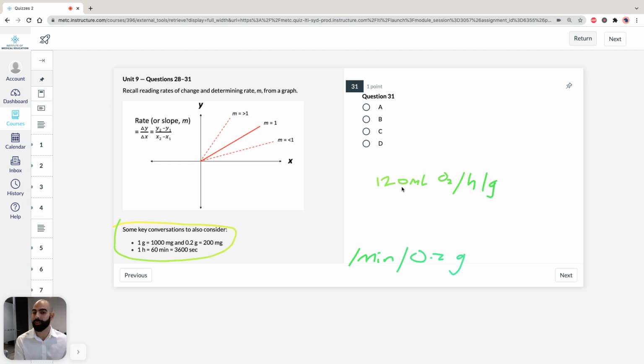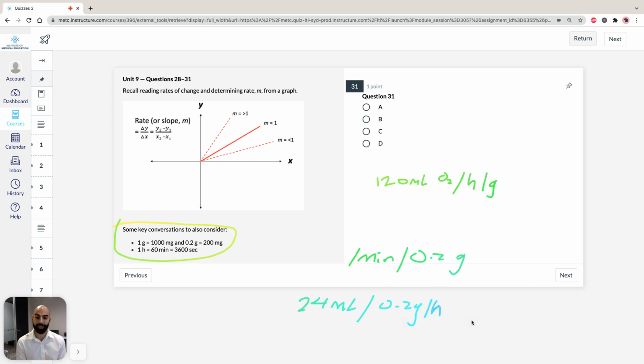So what's a fifth of 120 mL? The way I thought of it was, let's go up to 240, which is double. So if 1/5 of 120 is going to be 1/10 of 240, then 1/10 of 240 is 24. So 24 mL in 0.2 grams, but it's still per hour.